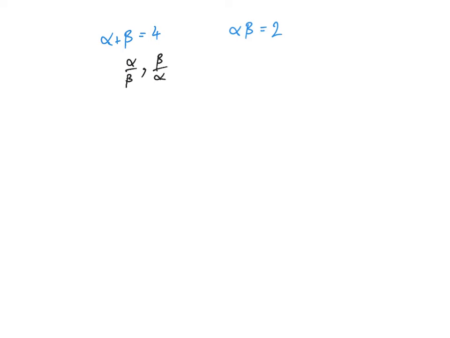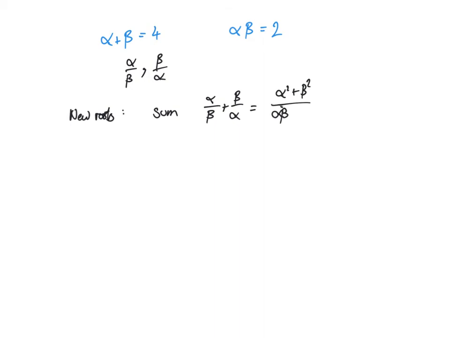Now, again, let's look at the new roots and their sum when we add them together. Well, alpha over beta plus beta over alpha. We have a wee bit to work through here. That's again alpha squared plus beta squared over alpha beta.